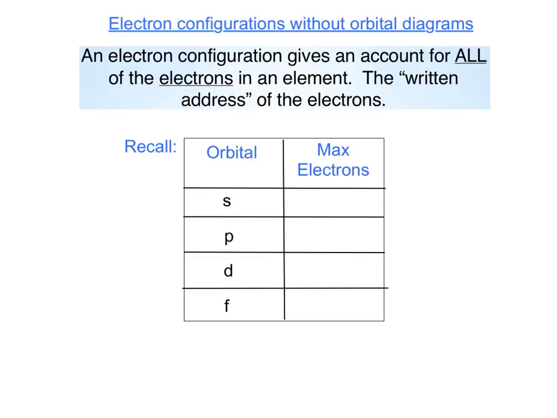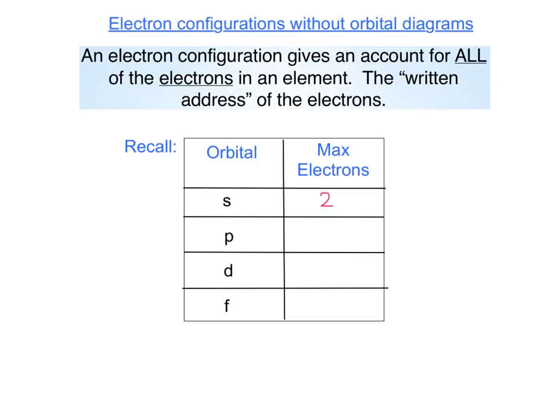Okay. Now, how do we do electron configurations without having to do the orbital diagrams? Well, the first step we have to remember is that each orbital has a maximum amount of electrons they can hold. So for example, s orbitals can only hold two electrons.